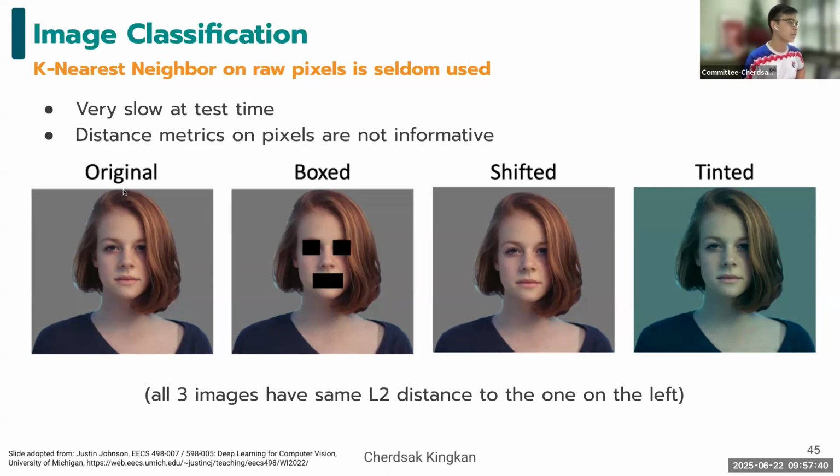If we compare the original image with each of these three images on the right, they have the same L2 distance, because using k-nearest neighbor on raw pixels, we are just subtracting the pixel values. So that means we are not getting much information by using k-nearest neighbor on raw pixels.